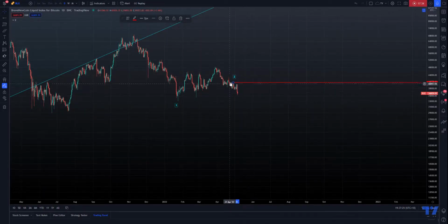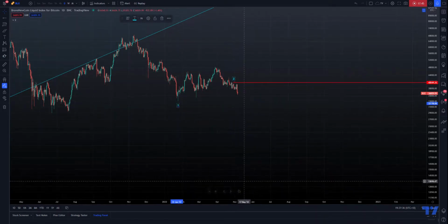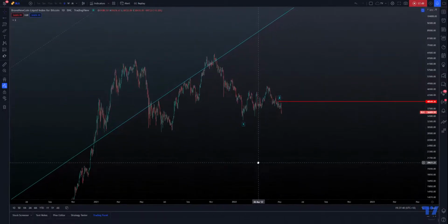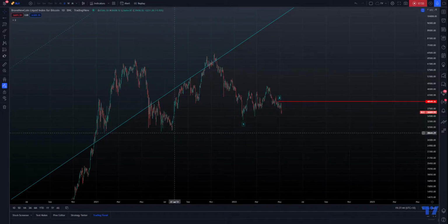Unless that level is broken, I'm going to assume that that is the end of wave 2, and we're probably going to start to see a wave 3 down now, which is going to take these prices much lower and help confirm a break of the previous wave 4, which I do believe is at the last low in June.